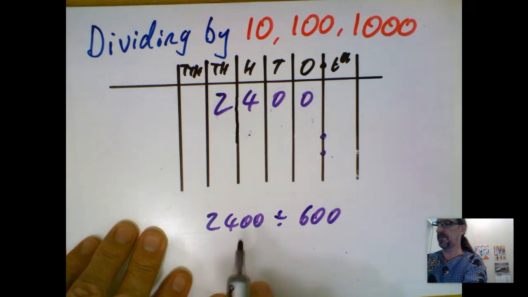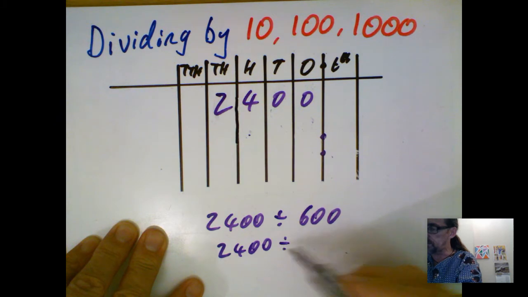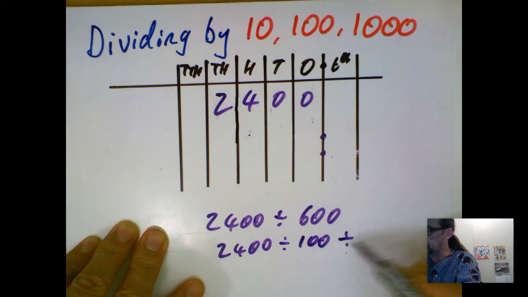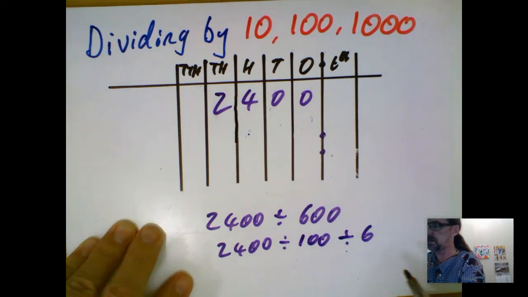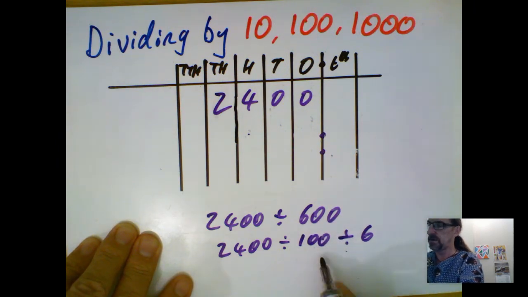Okay, so first of all, it's the same as 2,400 divided by 100 and divided by 6. Right? So I can divide the 2,400 by 100 and I can divide it by 6, which means in total I would have divided by 600. So let's do this part first.